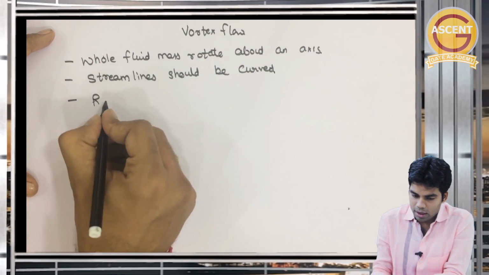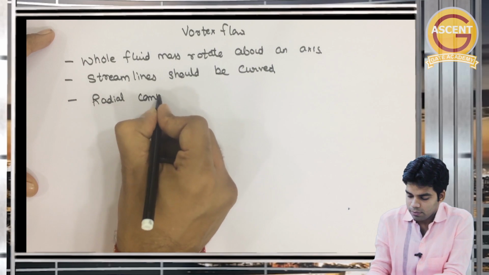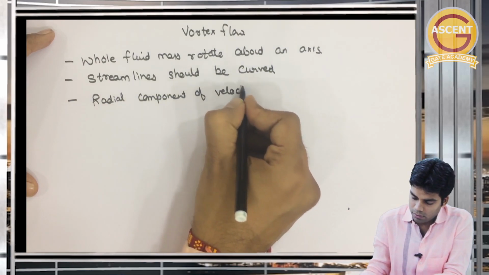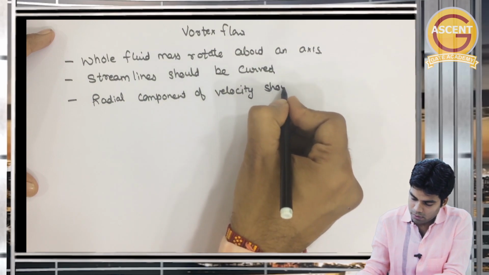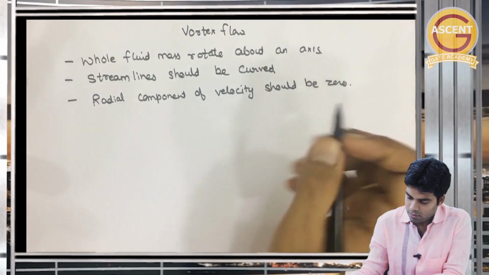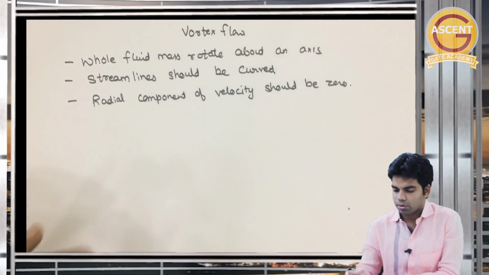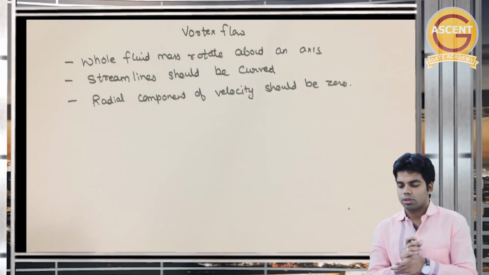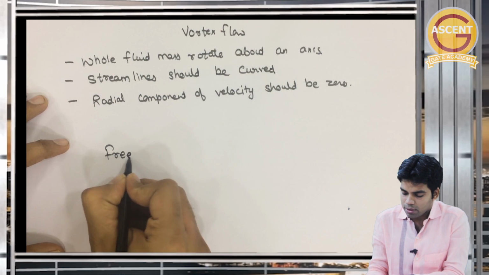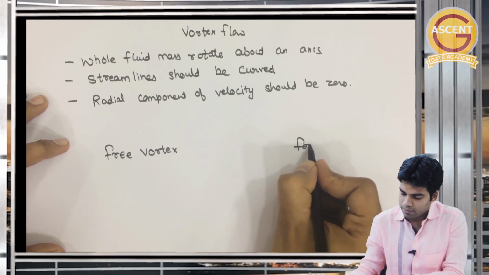And third thing, the radial component of the velocity should be 0. That means there will be only tangential component; the velocity in the direction of radius should be 0. Now, this vortex flow can be either a free vortex or it can be a forced vortex.